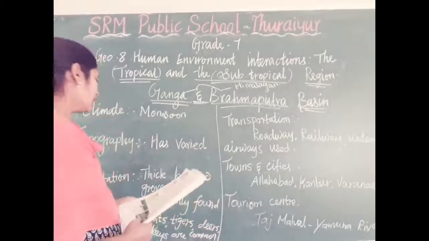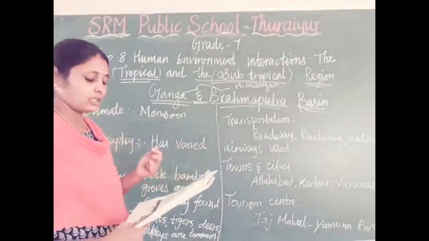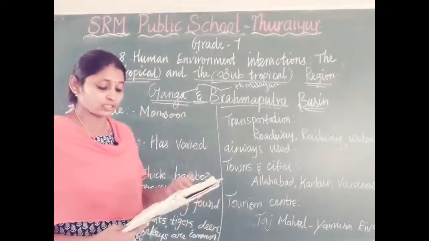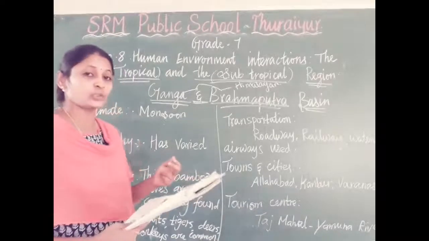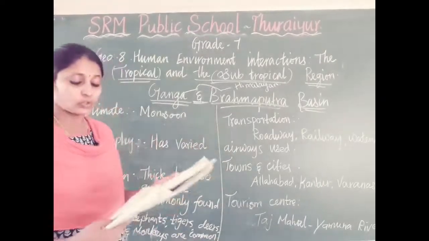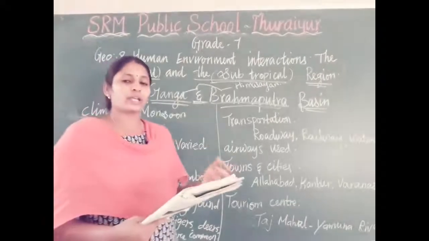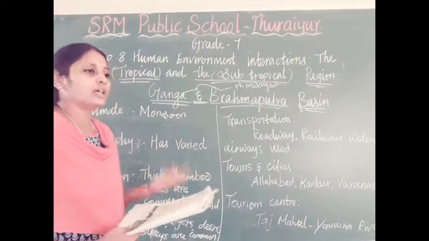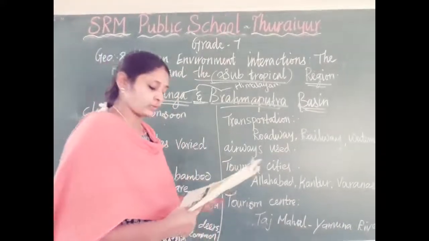The people cultivate particularly wheat, maize, gram, millets, and cash crops like sugarcane and jute, which are very famous in Bangladesh and West Bengal. Sugarcane, you know very well, is also grown in North India, particularly Uttar Pradesh and Bihar, where sugarcane grows well.